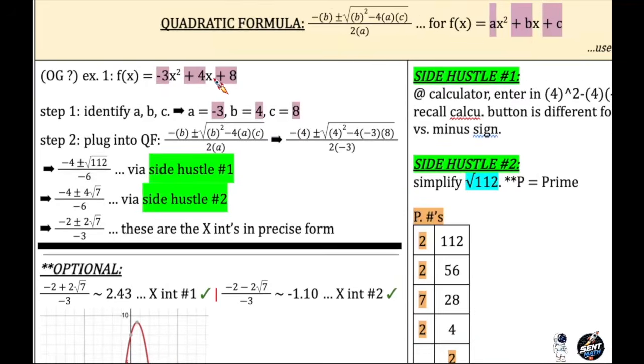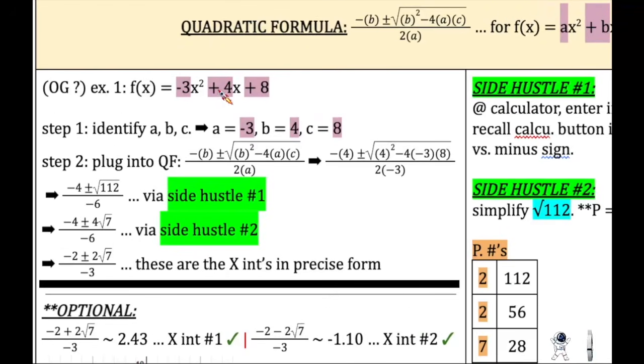Okay, and step 1 is to identify your A's, B's, and C's, which I have done in these purple highlights. Then wherever you see A's, B's, and C's in your quadratic formula, you plug in the A's, B's, and C's that you identified. Okay, and you get these numbers plugged into the quadratic formula.